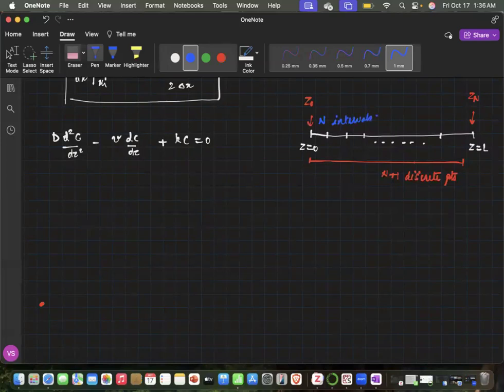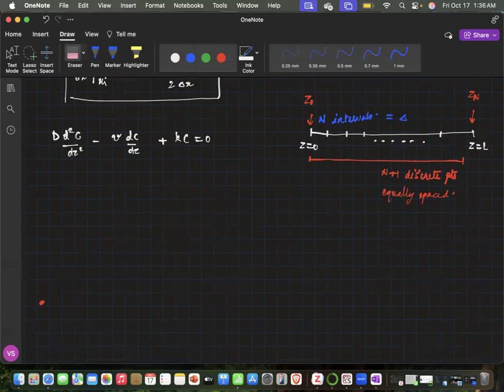And since we are equally spacing the points currently, these are equally spaced, right? And since we are discretizing them into equally spaced points, the n intervals, each of them will have the length delta z in this case.